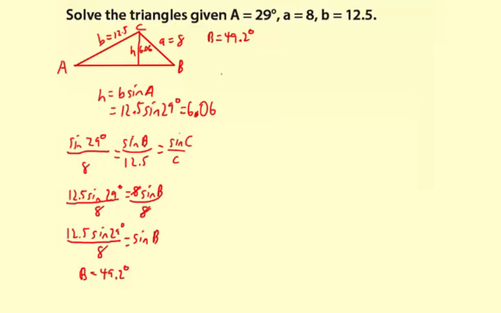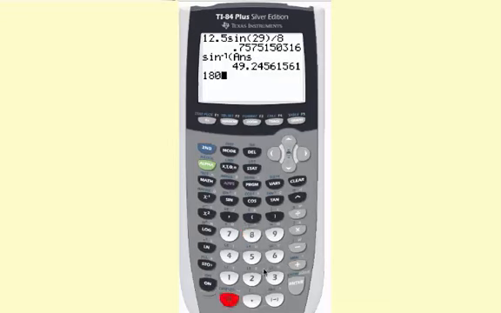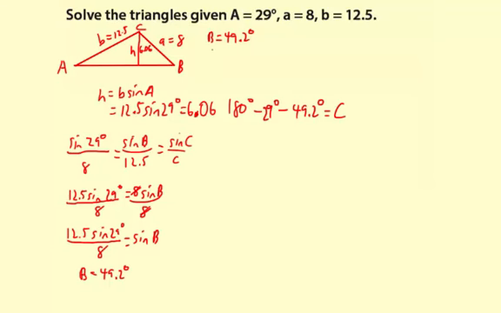So basically it's going to be 180 degrees minus 29 degrees minus 49.2 degrees equals C. So you have your 180 degrees, you subtract the other two angles, that leaves you with angle C. So let's figure that out. 180 minus 29 minus 49.2, 101.8. So C equals 101.8 degrees.